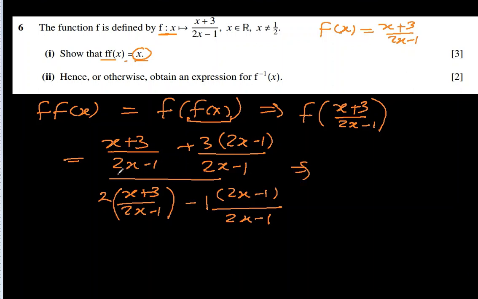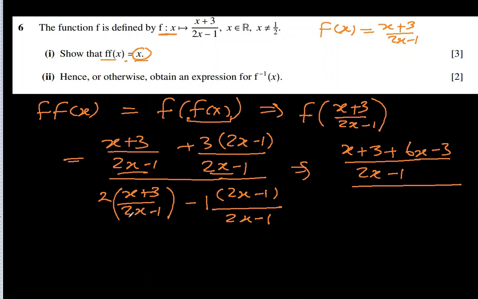Now, since the denominators are same for this part, let's write the numerator of this rational function once: 2x minus 1, and numerators will be x plus 3 plus 3 multiplied here, 6x minus 3. What about the denominator? Again, we have the same denominator 2x minus 1.